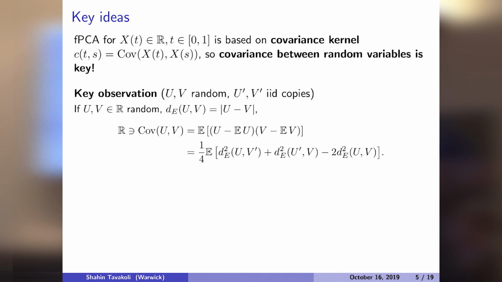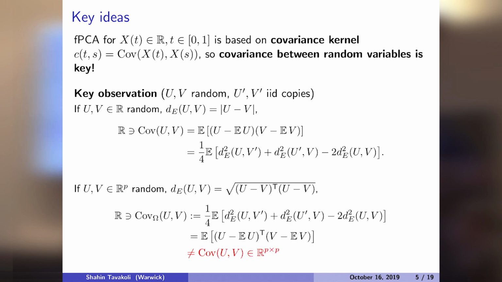Now, what is the covariance between two random variables? Well, it's this thing. You have differences and you have products, but you can re-express everything in terms of distances. That's nice because now I can take this formula directly and plug it into more complicated things.